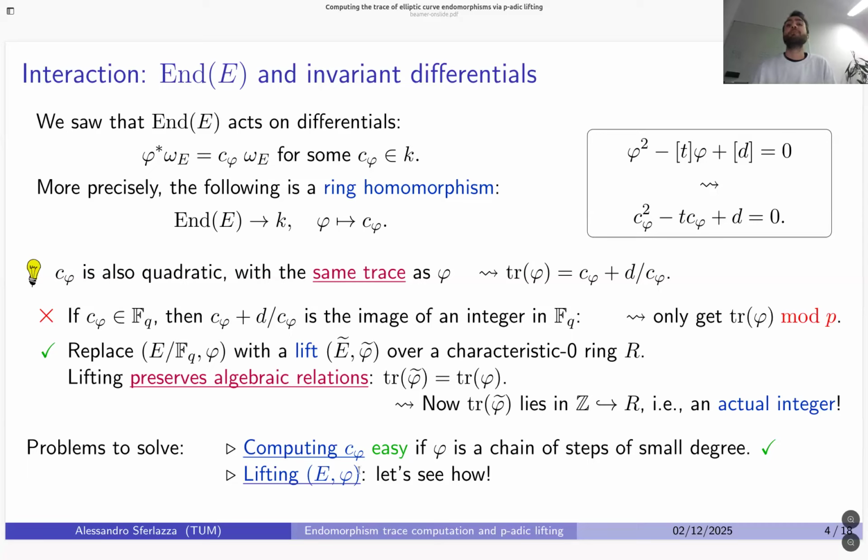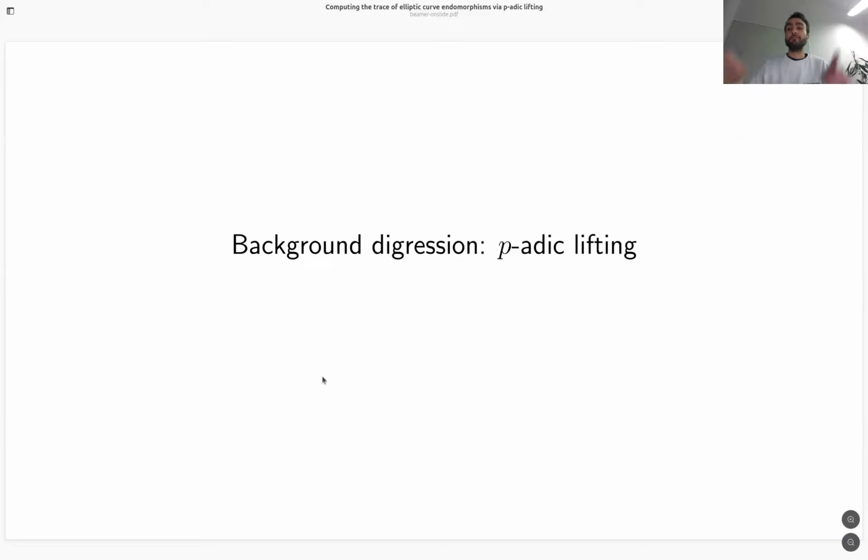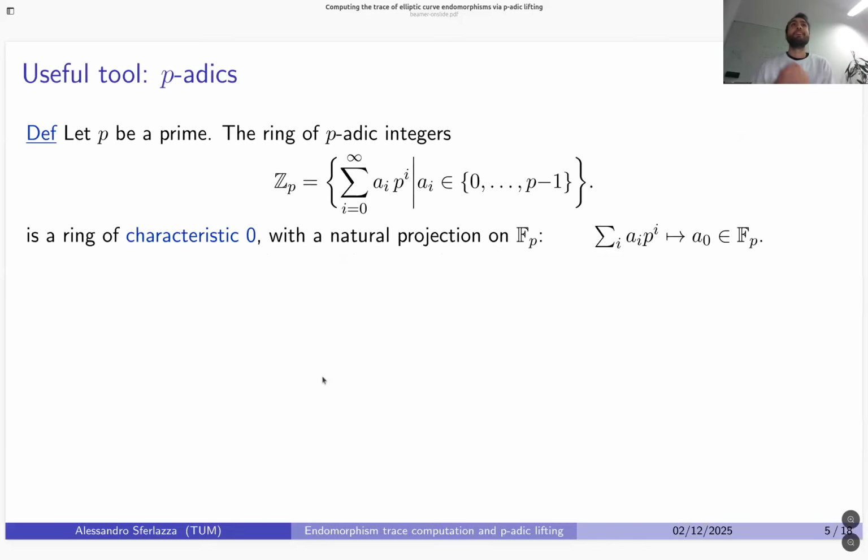So let's see how. Let's dive into this problem of lifting. The tool that we're going to use is the ring of the p-adics, that we can define in a simple way as the ring of formal power series in p, where the coefficients are integers between 0 and p-1, so basically representatives for the finite field F_p.